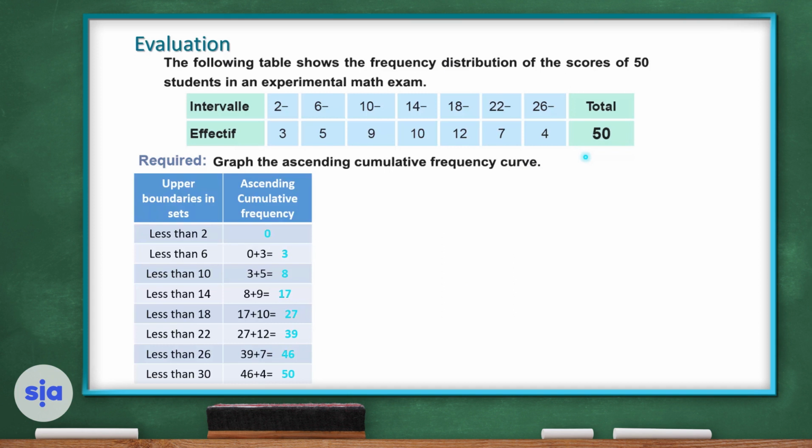To represent this on the graph, here are the ordered pairs: 2 and 0, 6 and 3, 10 and 8, 14 and 17, and so on. So here's the table.